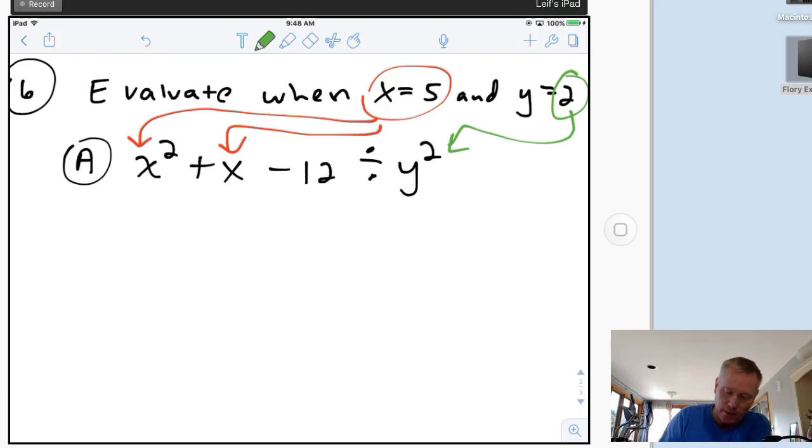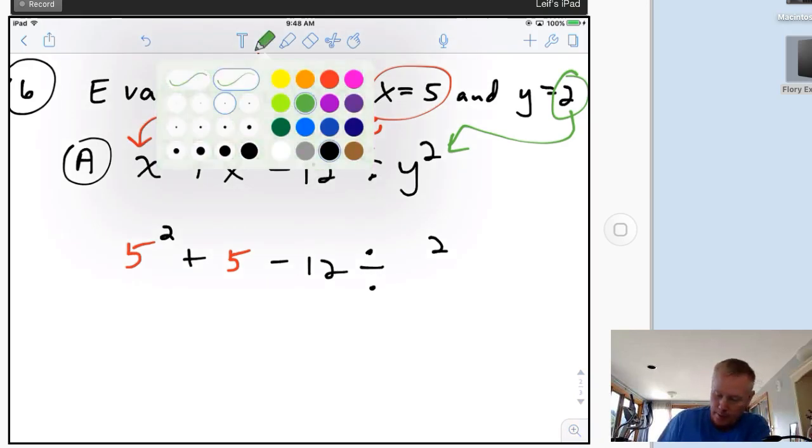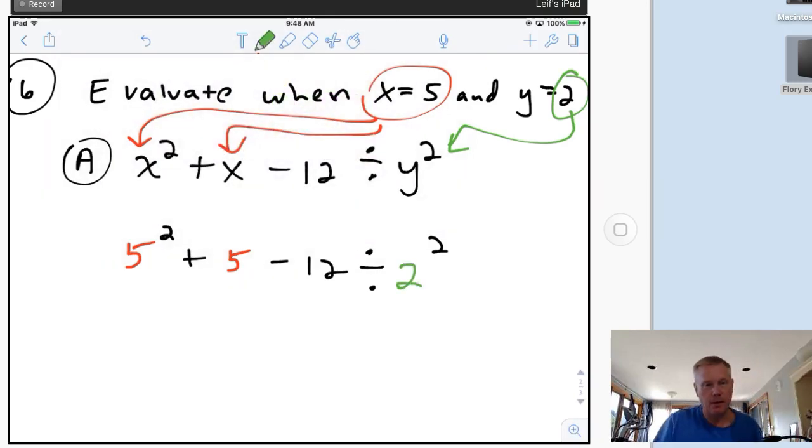So when I do that, I get 5, 5. Plug in the 2 for the y. Okay, and I get that. So this is really the same problem we just did. You just had to do a little substitution there.